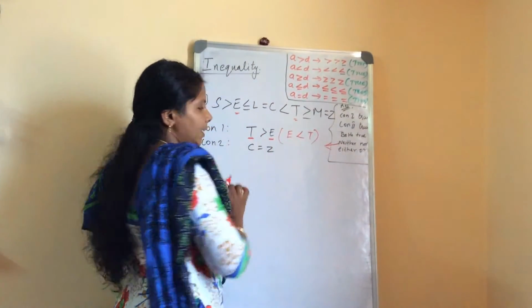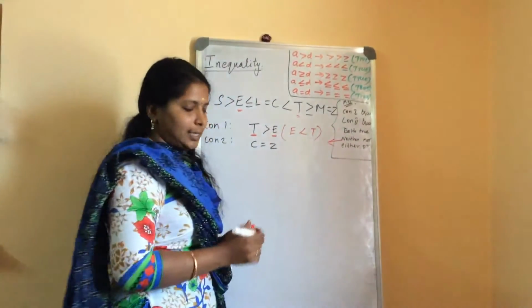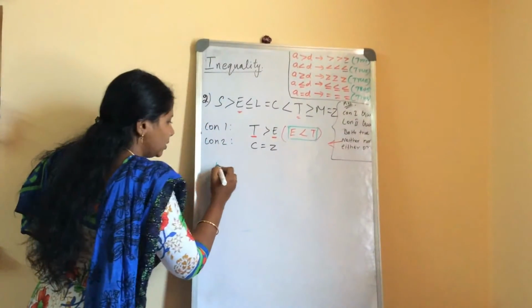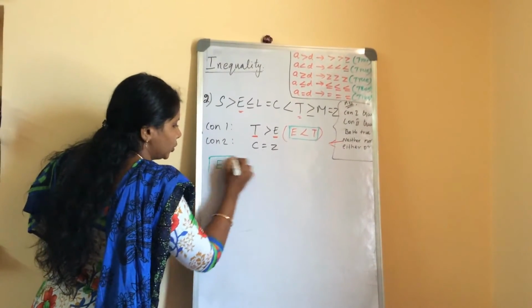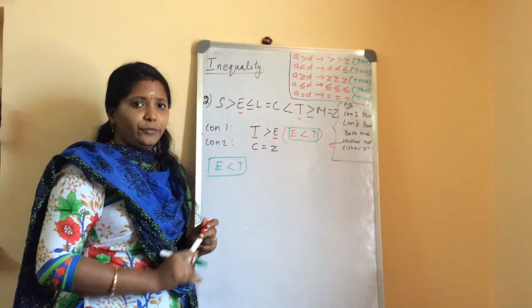It is a greater than symbol, so now we need to change it to less than. Now this is our conclusion: E less than T. We need to find whether this conclusion is true or false.